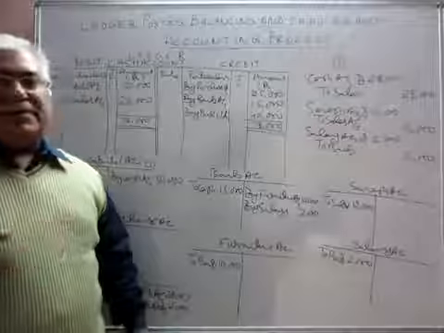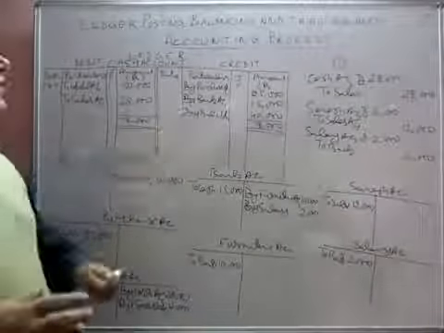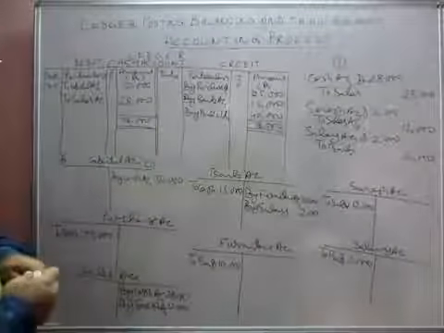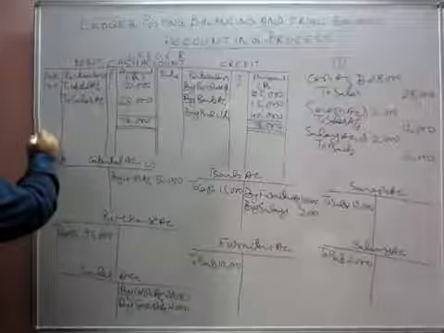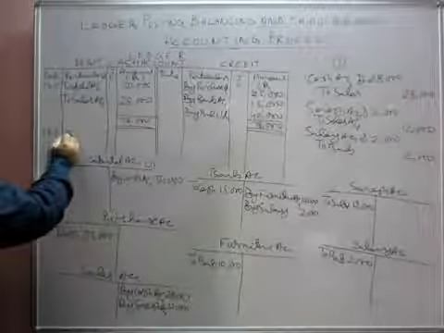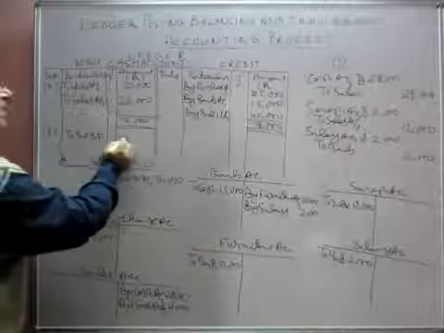All real accounts and personal accounts are shown in the balance sheet. So this is the way balancing is done. And in the next year or in the next month, for example, this will be brought forward to balance brought forward. That is 38,000.